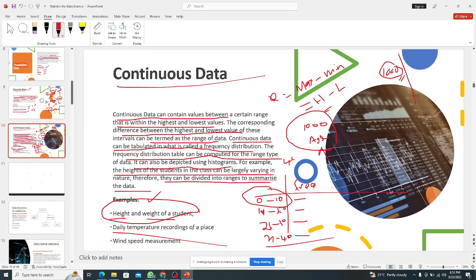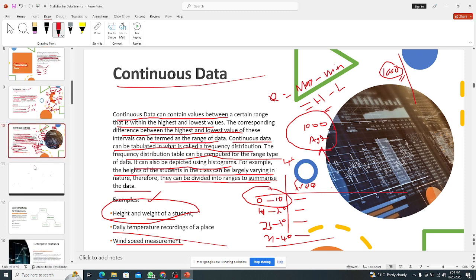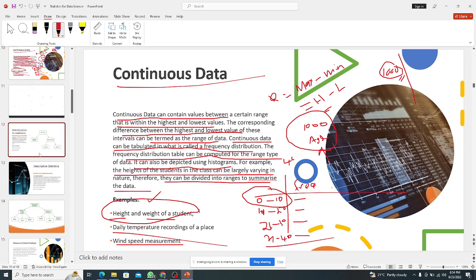Good. Also, we have another measurement, that is the wind speed measurement. Definitely it will take continuous format. Okay, yes, and that's all about data types in statistics.